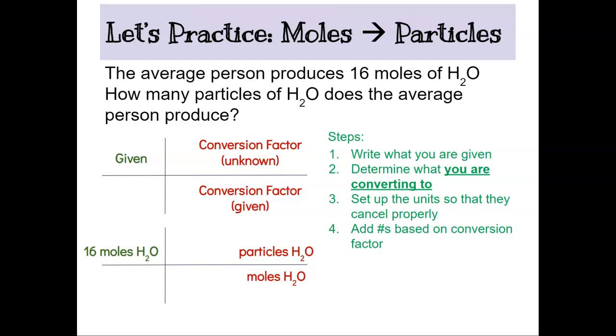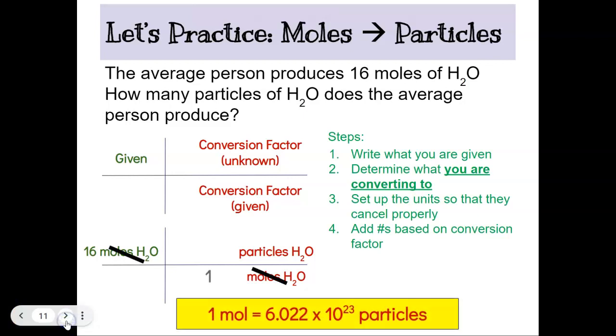It doesn't matter if it's in the numerator or the denominator. 1 always goes with the mole. 6.022 times 10 to the 23rd always goes with the particles. That is the setup of the problem.